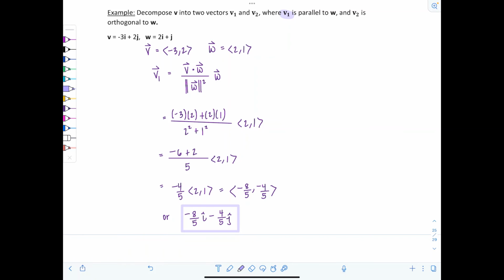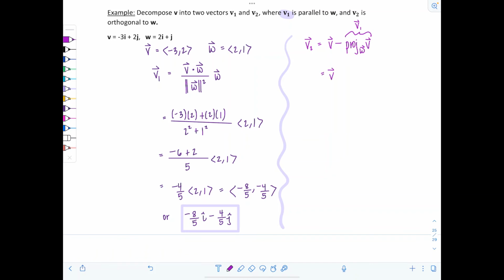And then, what else do they want? They want the orthogonal projection of V along W, which we're calling V2, per this book's definition. So to get V2, all you do is you take your original vector V and you subtract the projection of V along W, which we're calling V1.